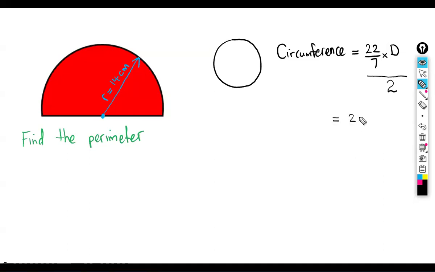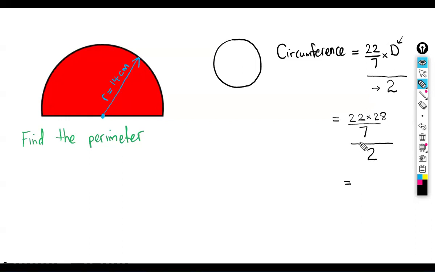So we have 22 over 7 multiplied by the diameter. Now, the diameter is how much? The diameter is not 14. Remember, the diameter is twice the radius. So if the radius is 14, that means the diameter is 28. So this will give you the circumference of a full circle, but then we have to divide it by 2 because it's what? A semicircle.